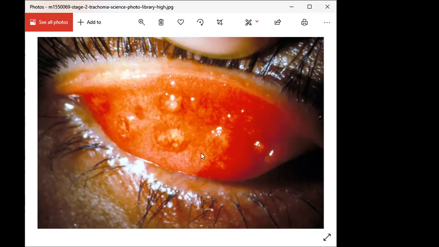What are the clinical features you see in chlamydial infection? As you see here, the eyelid becomes swollen and red, and there are multiple small swellings. These are the main clinical features. We can broadly classify them into different types.